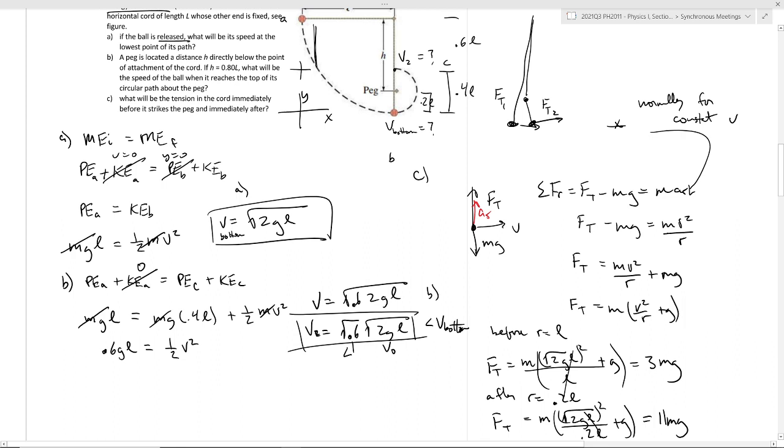And this might agree with our intuition. Once this thing hits the peg, it has a much shorter radius, so the tension is going to go way up because a part of that tension depends on v squared over r. So v hasn't really changed, but r has gotten a lot smaller, so the tension would go up. So this is before the peg, after.